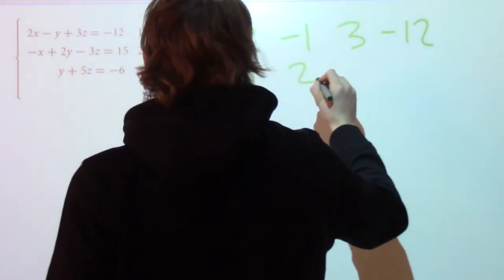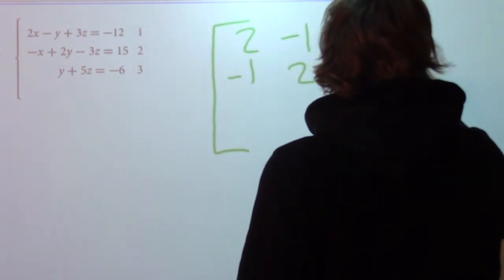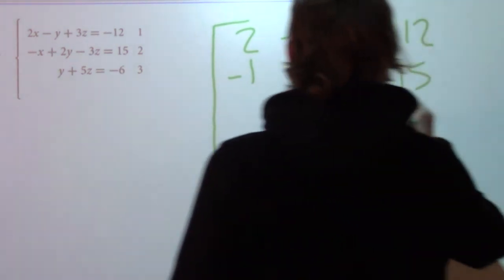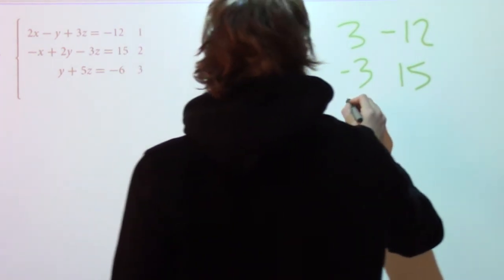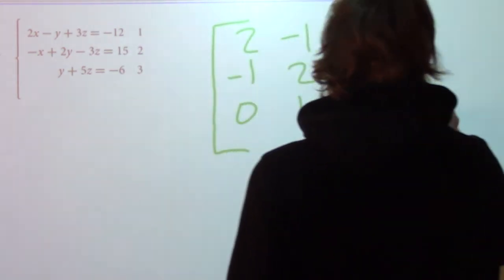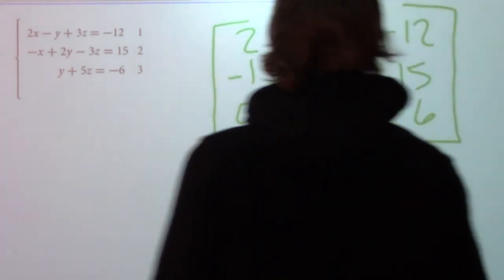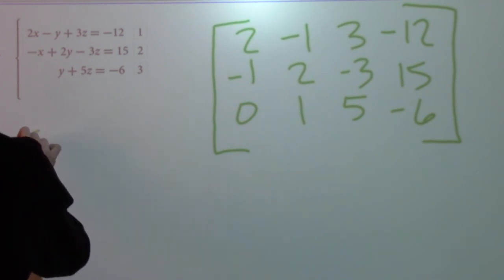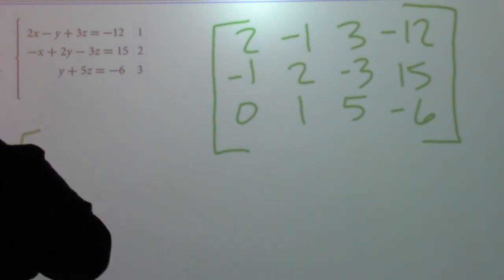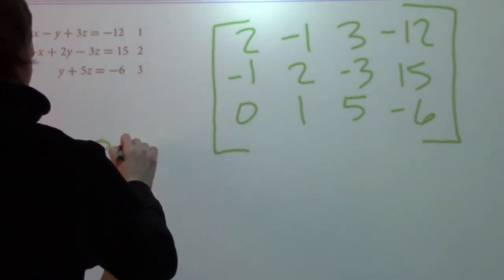So he's rewriting the matrix here, the augmented matrix. Did everybody get that as an augmented matrix, the way Logan has it up there? Yeah, looks good. So now he puts that in the calculator, and he gets his final answer here.